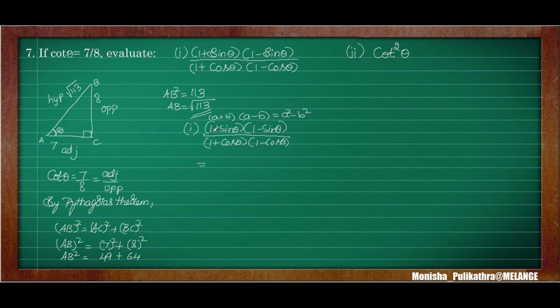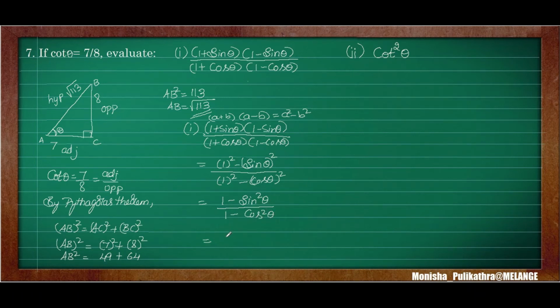Okay, so a is 1 and b is sine theta. So a plus b into a minus b is a square minus b square. In the denominator also we can apply the same technique. 1 square is 1, whereas sine theta whole square is sine square theta, divided by 1 minus cos square theta.